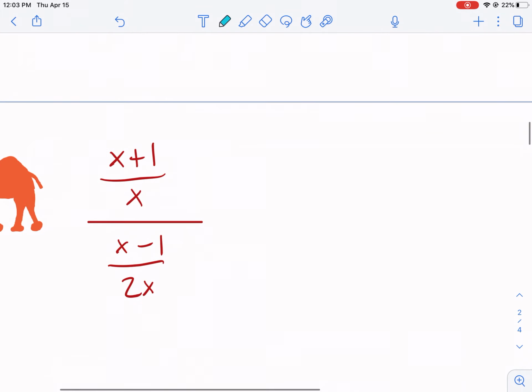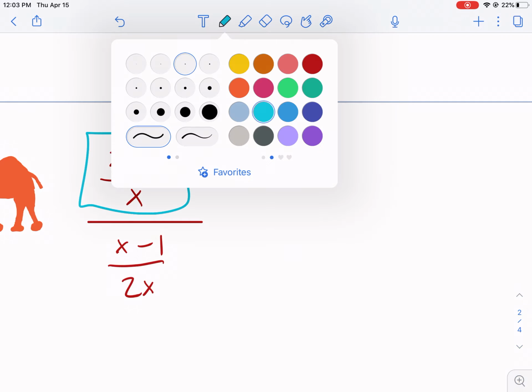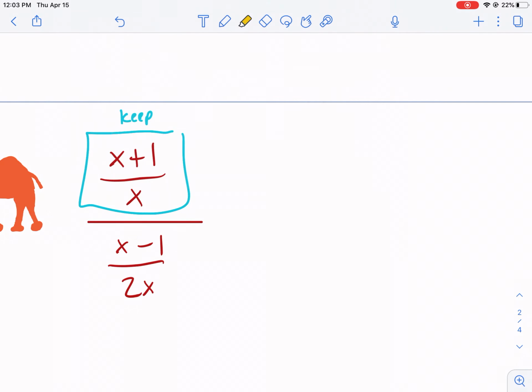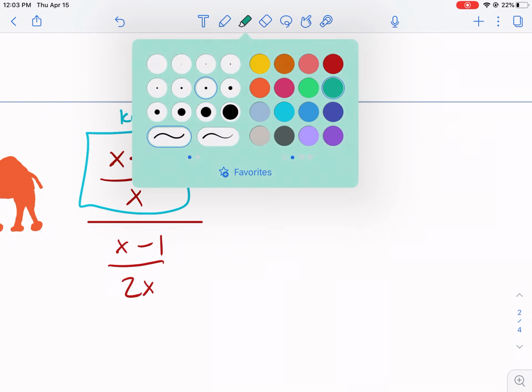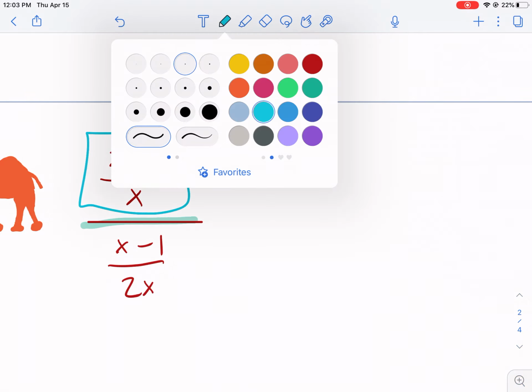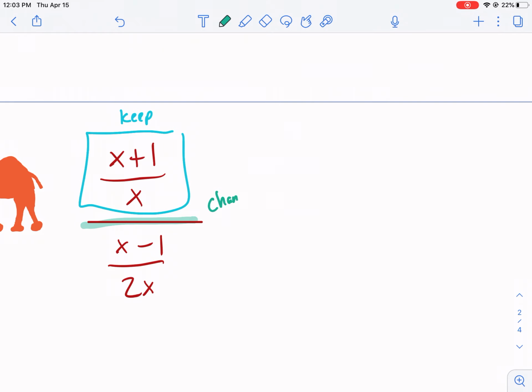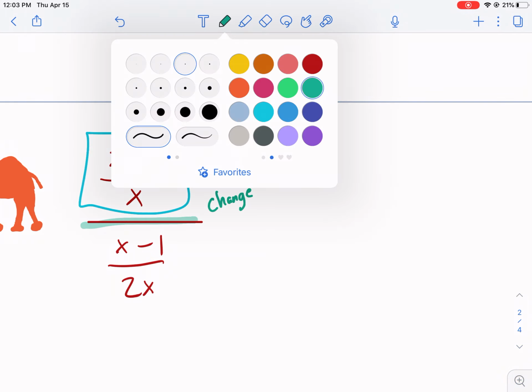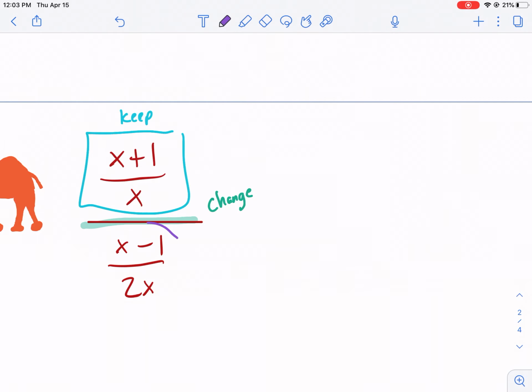Now we're going to keep, change, flip. You keep the top fraction, we change the divide to multiplication, so that's our change, and then we flip the bottom to the reciprocal.